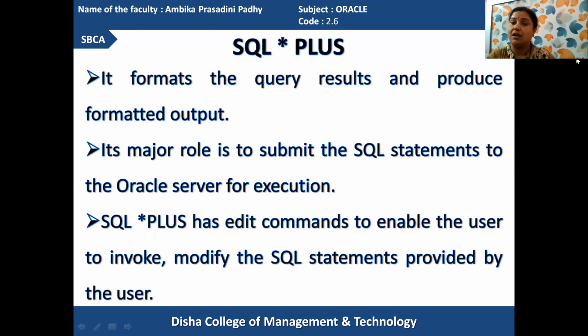If the results are inappropriate for him, then he can change the output format, or he can rectify the query so that the result will be as per his requirement.